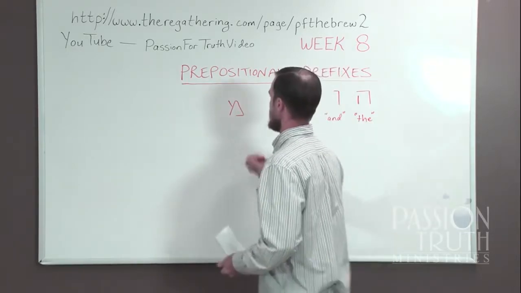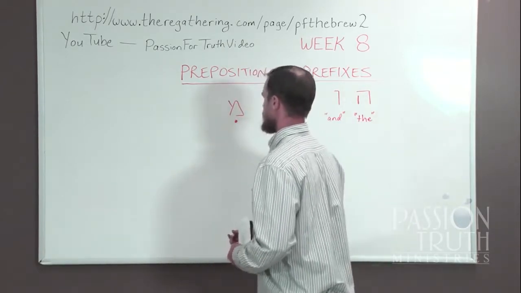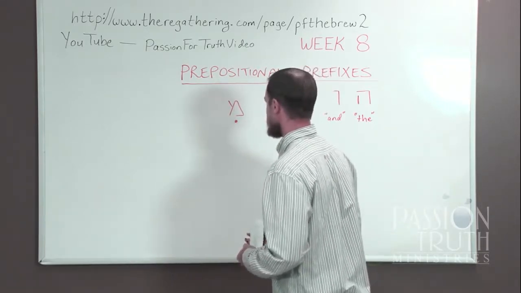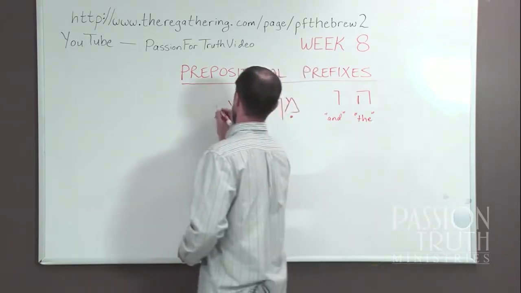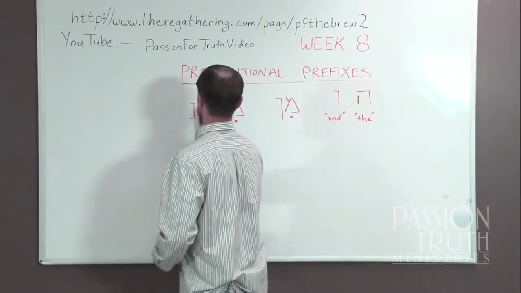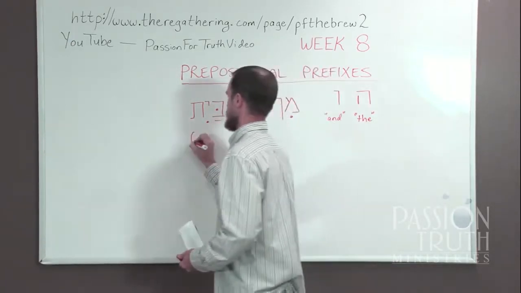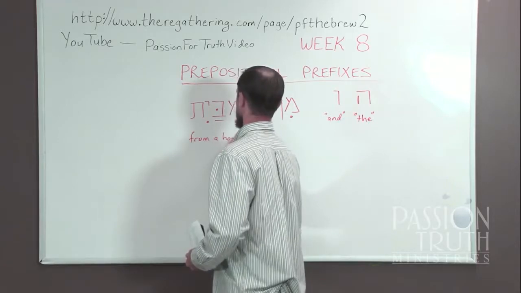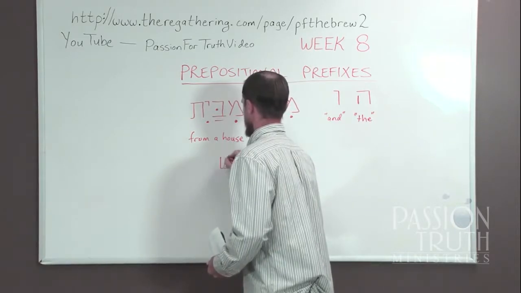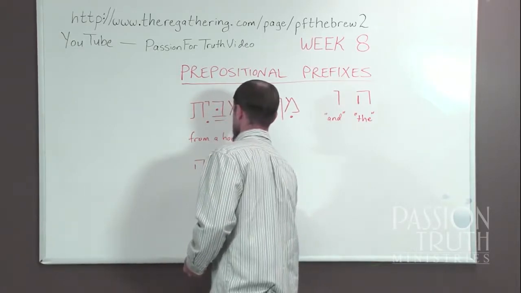The vowel that usually accompanies the mem is a chirik, and when this is the case, the letter that immediately follows the mem will take a dagesh. So if something is from a house, mibayit, from a house, or from a field, misadeh.